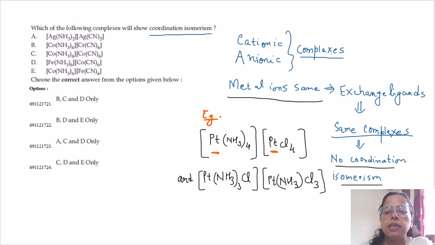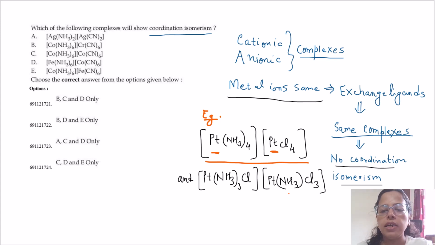This is the first pair of the cationic and anionic complex. In the second pair, one amine ligand is shifting to the second part and one chloro is shifting to the first part.